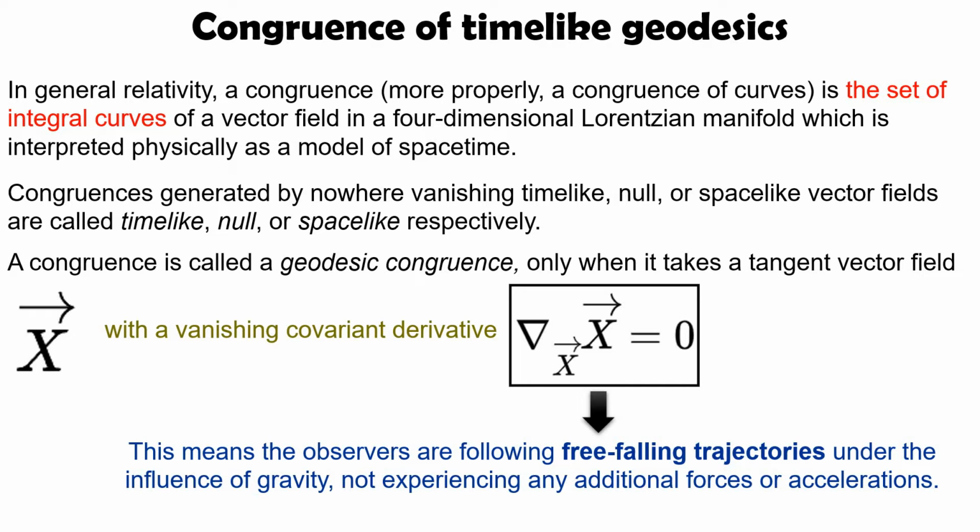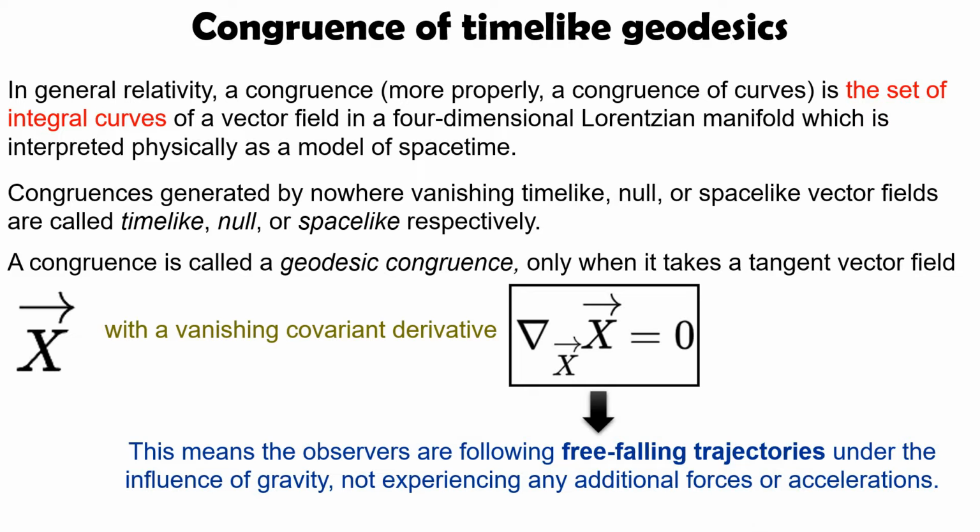This is important because the Raychaudhuri equation deals with the congruence of time-like geodesics, so it should not experience any other external forces, but should be free falling trajectories under the influence of gravity. So this is what is called the congruence of time-like geodesics, which is going to be very central in our understanding of the Raychaudhuri equation. So I thought to give you the basic idea.